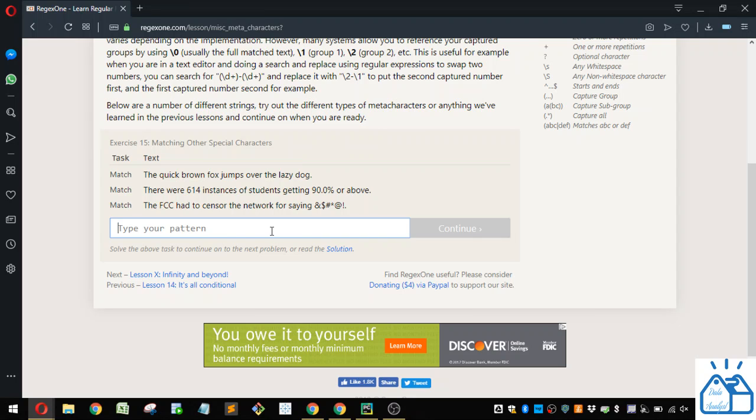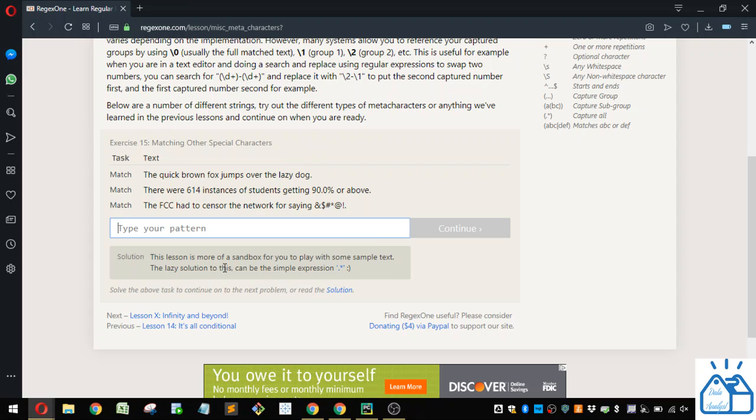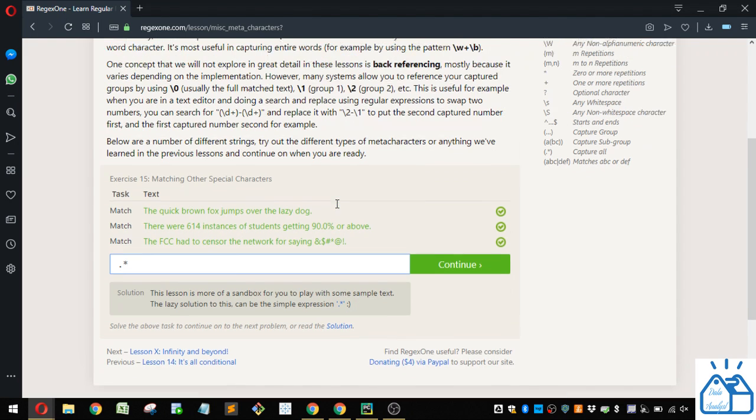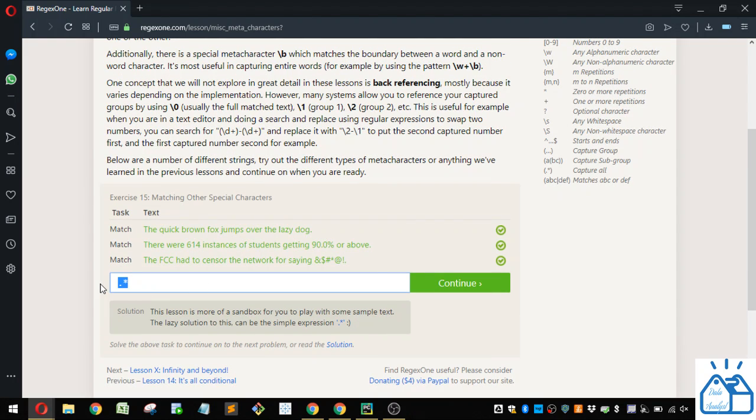So I'm not really sure what kind of thing we can do. We can look at the solutions here, and they say it's more of a sandbox. So like they say, you could just do that, and that's going to match everything, because this represents any character, and this is any number of characters. So you could match anything here. Anything with a digit in it.